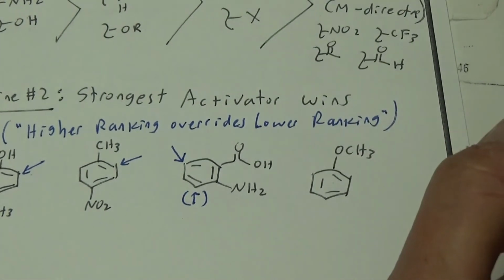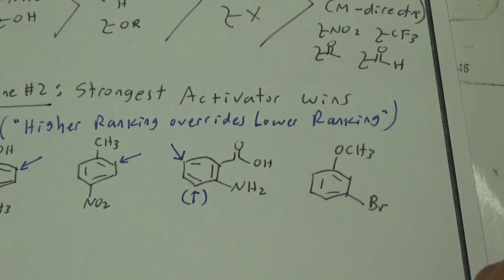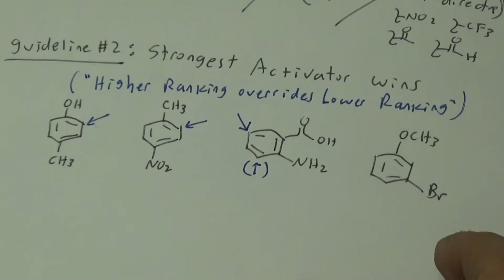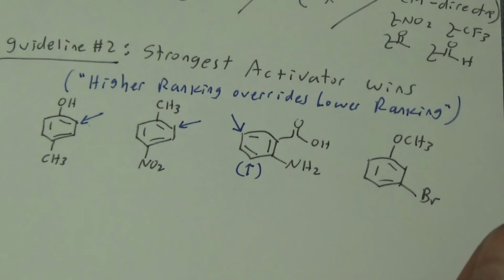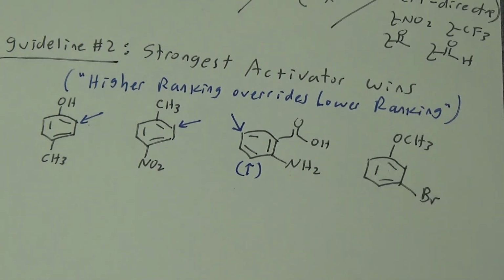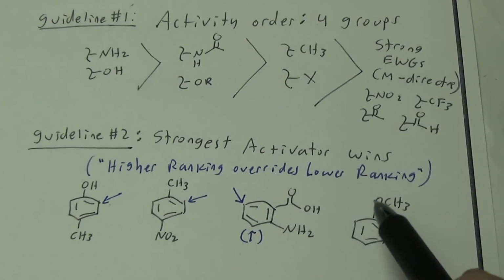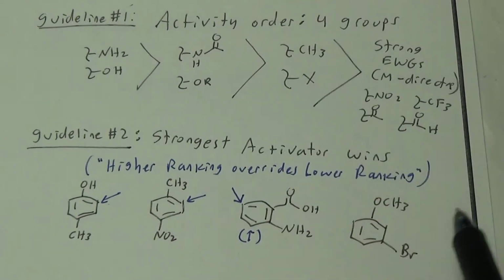OCH3 methoxy and Br? Okay, this is an interesting one. This is definitely an interesting one. This brings up a couple different points. First of all, who's the greatest activator? Methoxy, is it in the first, second, third, or fourth?